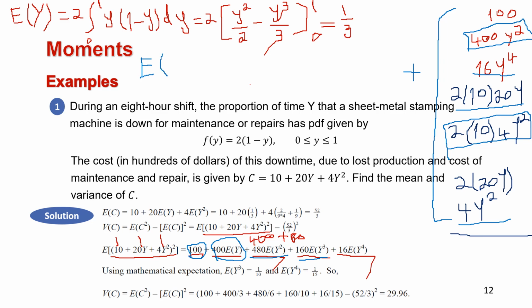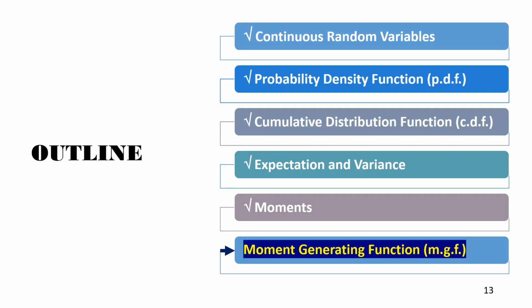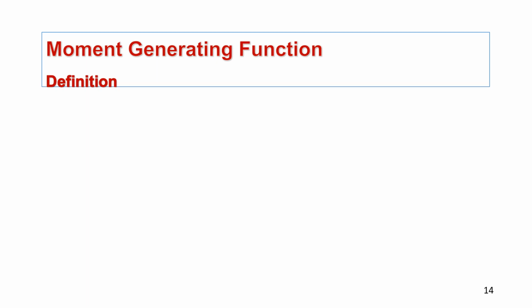For example, the expected value of y cubed equals 2 times the integration from 0 to 1 of y cubed times (1 minus y). Then we finished the moments.